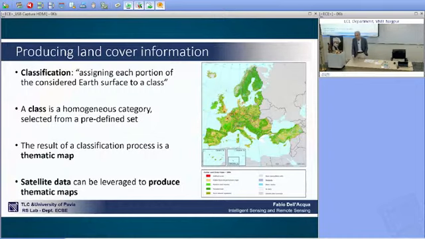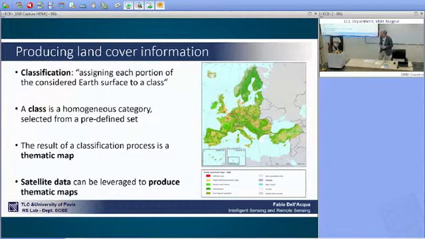It's a subset of geospatial information, where for each portion of the area that I'm looking at, I can identify a class. That's a thematic map. So it's not necessarily a map in the sense that I look at it and it looks like a map. When I say thematic map, I mean the result of a classification operation, of a land cover classification operation.